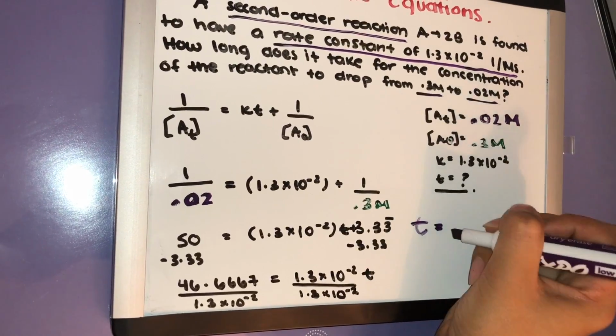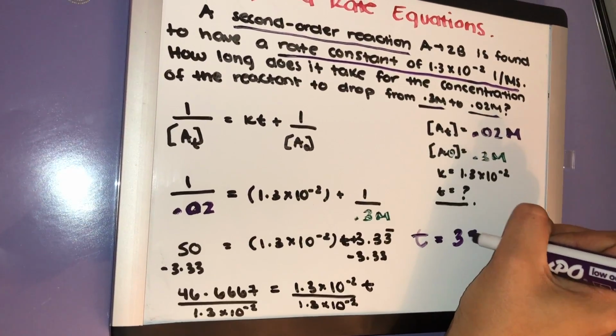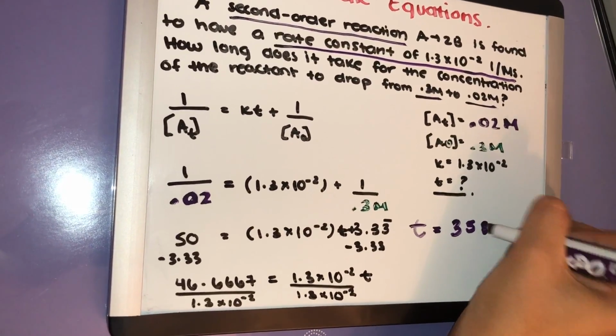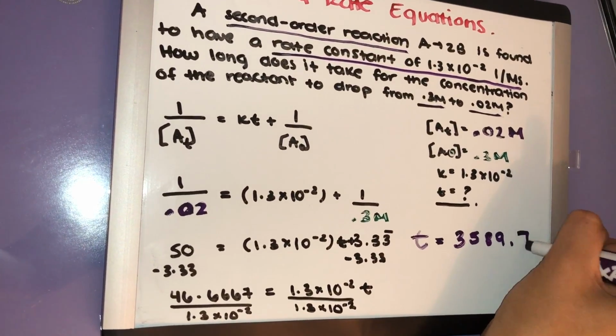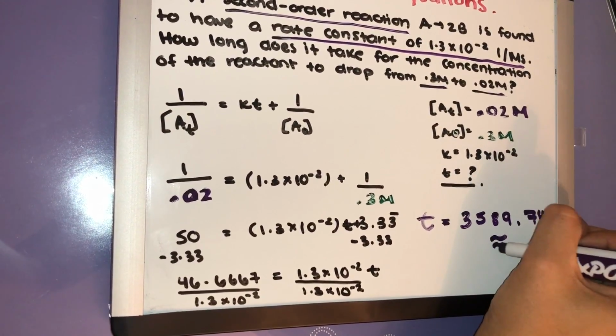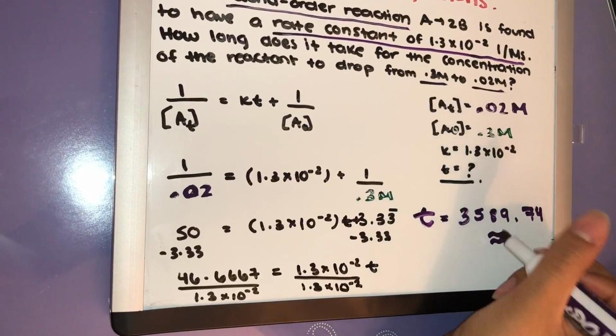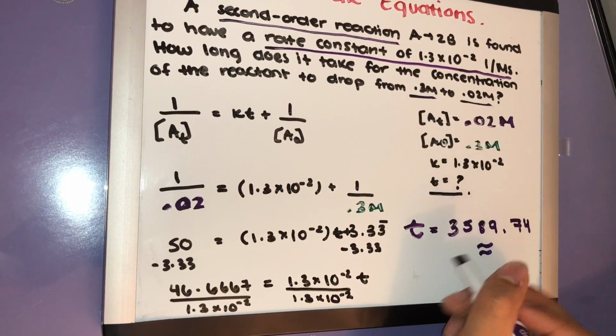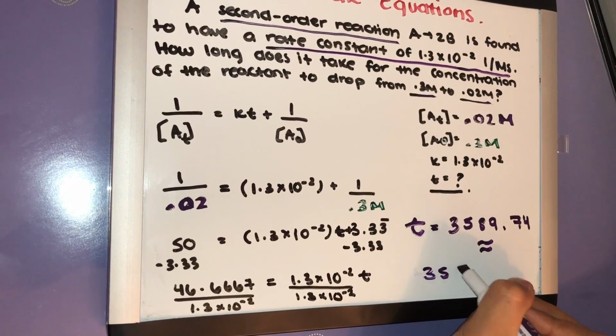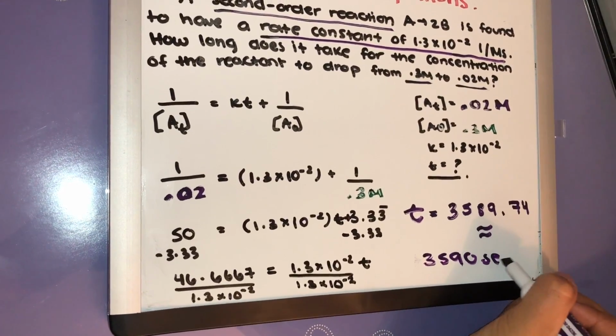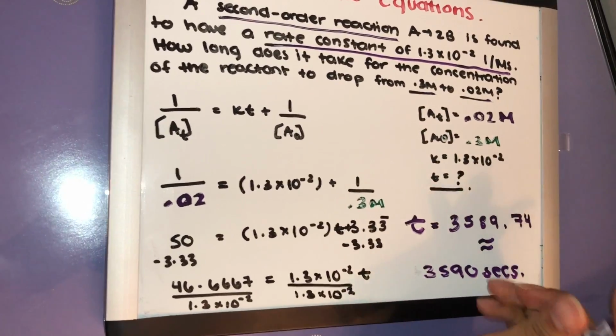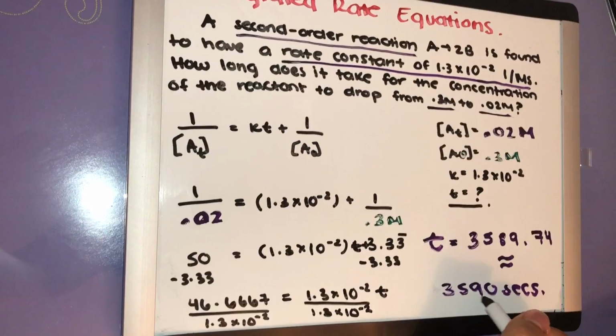The t should be equal to 3589.74. And since t is in seconds, we can go ahead and round to 3,590 seconds. And this would be our final answer.